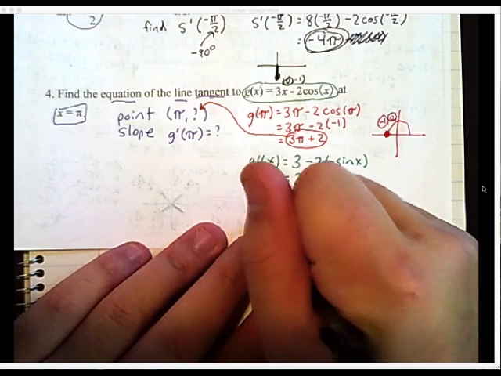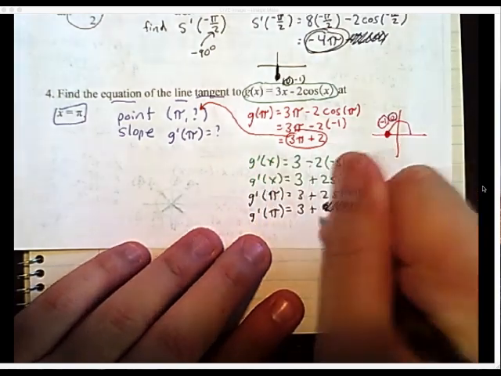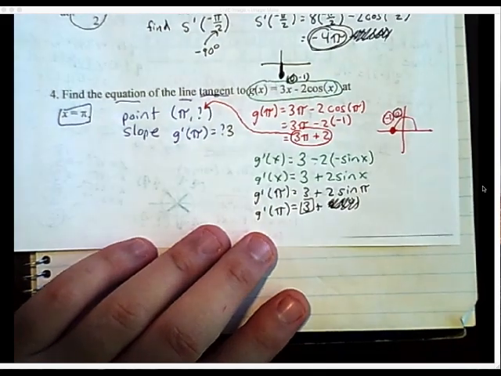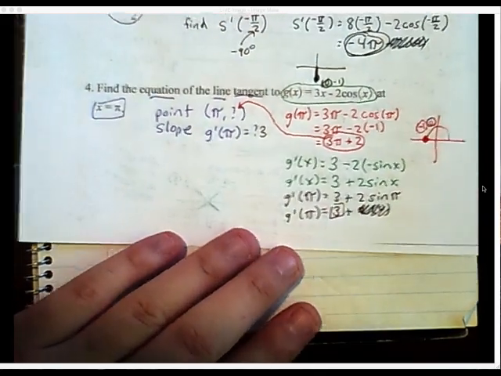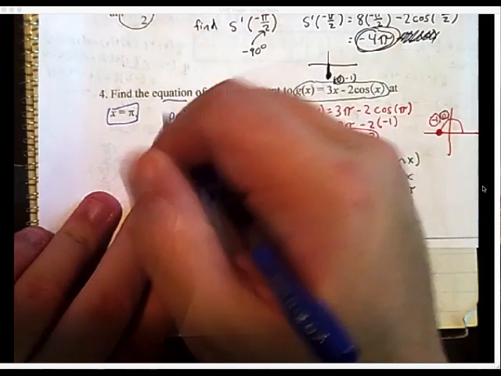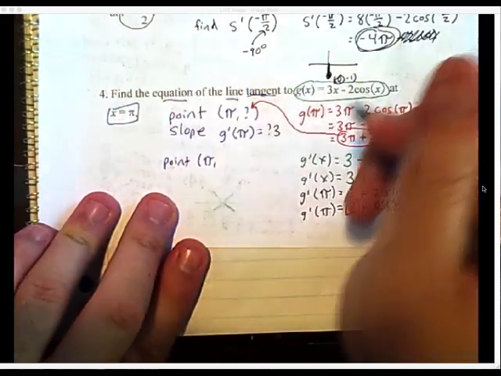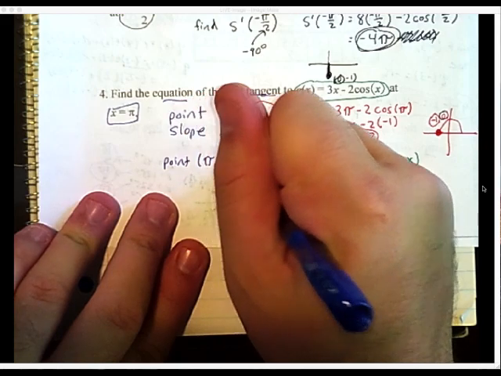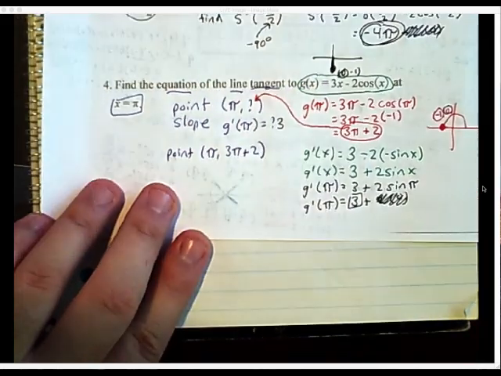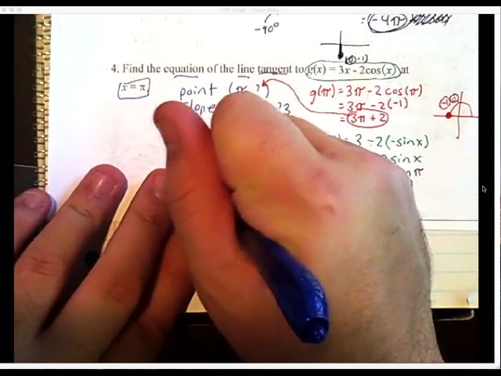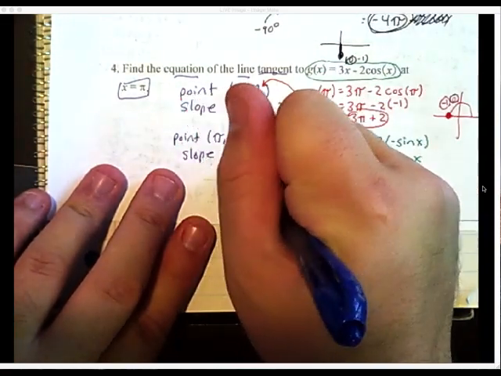So g prime of pi equals 3. So that's the slope. So here, my point is pi, comma, 3 pi plus 2. Just leave it in exact terms. And the slope is simply 3.